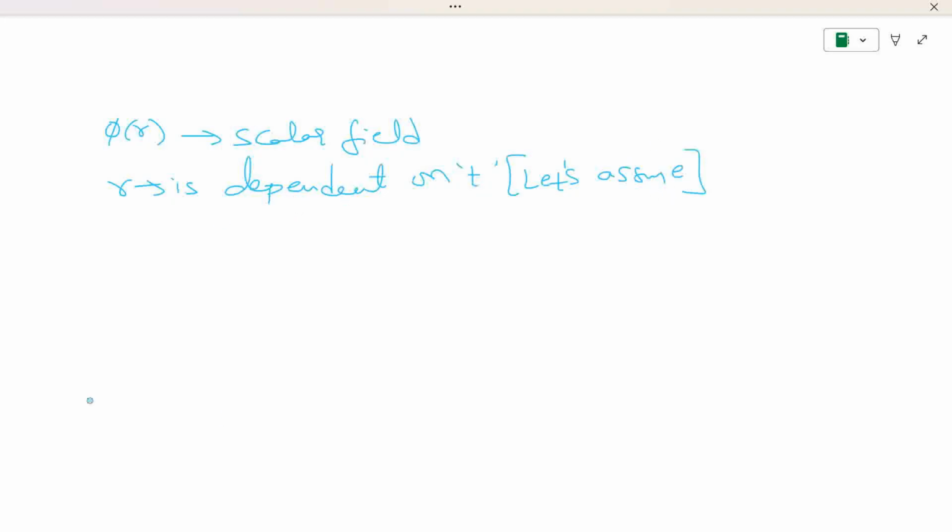Now if we perform d phi by dt, so d phi by dt will be equal to d phi by dr, because phi is dependent on r, but r is dependent on t.